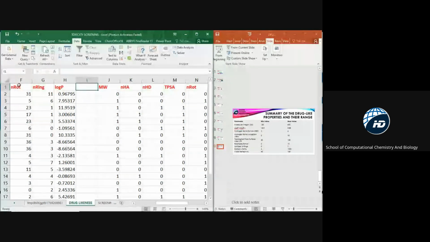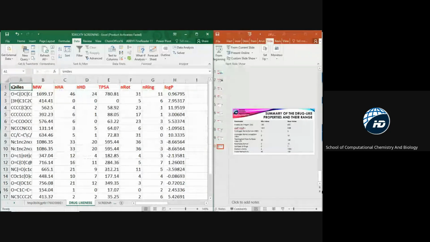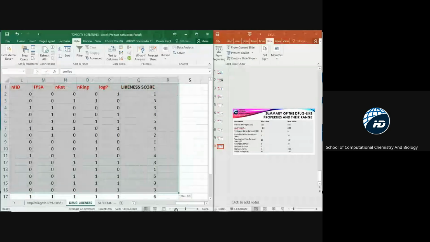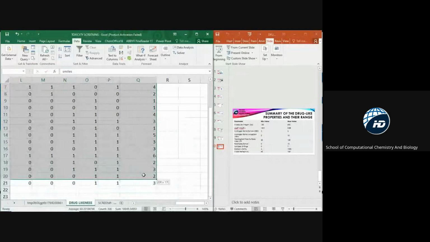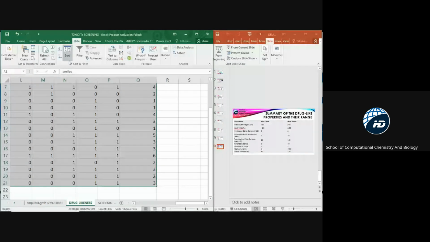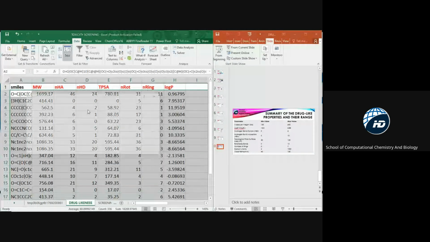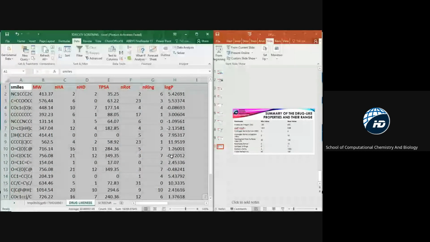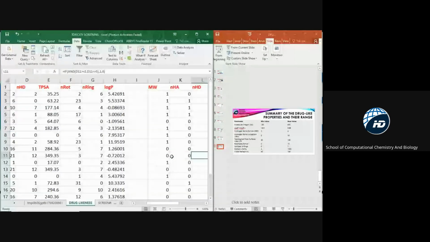So let me see if I can highlight like this, because the sorting will help us to easily interpret it. Largest to smallest. All right.